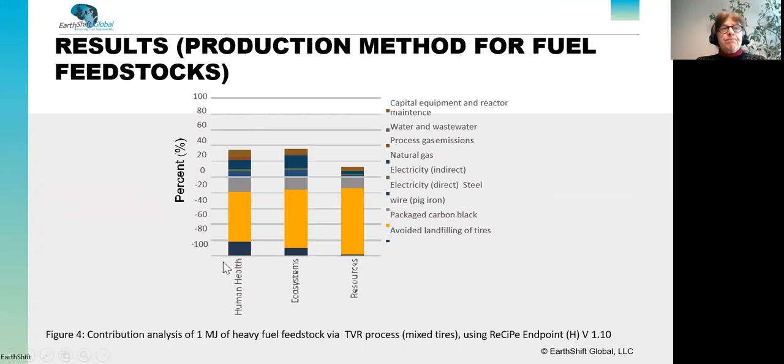And so again, we've got some benefits from avoided landfilling of tires and the avoided steel, and then the packaged carbon black. But we also have, again, this natural gas in here, and you'll see why that was important in a minute.